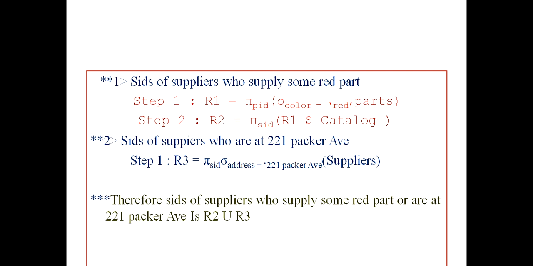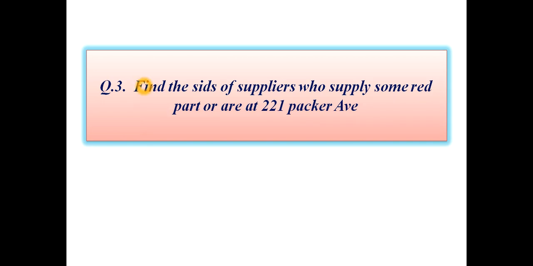Now we need both of them: SIDs of suppliers who supply some red part, or SIDs of suppliers who are at 221 Pecker Ave. So what operation do we have to perform? Obviously union. Therefore, the SIDs of suppliers who supply some red part or are at 221 Pecker Ave is R2 union RT, and that gives us the solution to the question.